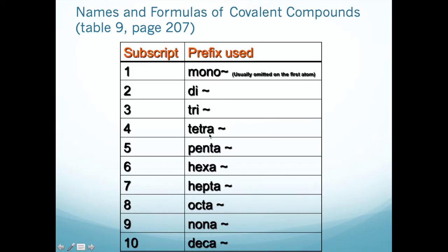Tetra is an interesting one. Tetra means 4. I think a lot of people, while they probably aren't as familiar with that Greek word, there's a similar Russian word that you're probably familiar with, and that's the video game Tetris. Okay, that name Tetris in Russian means four. That's why a Tetris is when you clear four lines at once in the game.